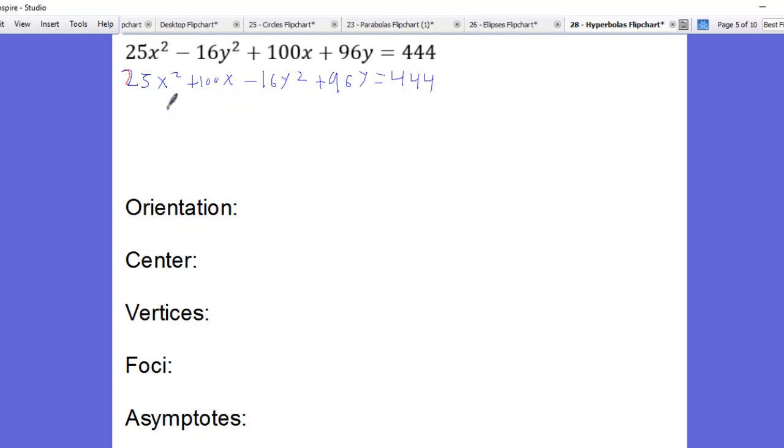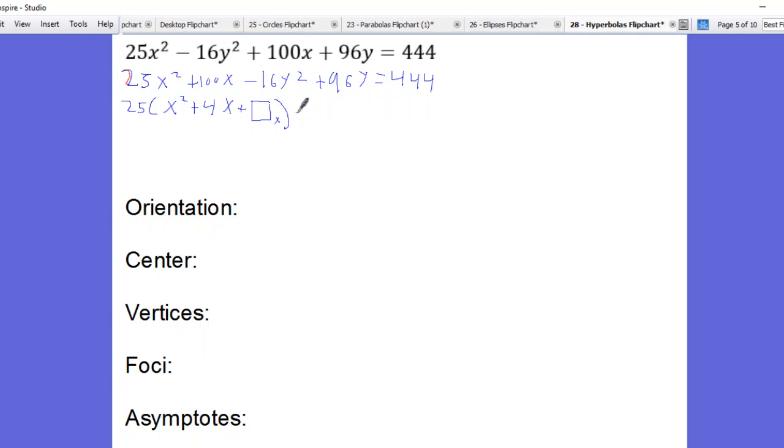Now we factor out the 25. 25 factored out of 25x squared plus 100x leaves x squared plus 4x. And then we have our complete the square term for the x's.